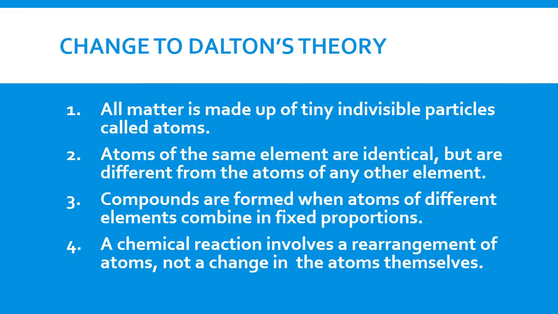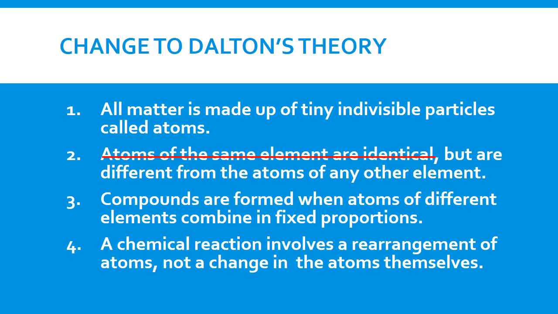The discovery of the isotope, or the neutron, showed that all atoms of the same element are not identical, since they can have different numbers of neutrons, or different mass numbers. That led to another change in Dalton's postulate that all atoms of the same element are identical.